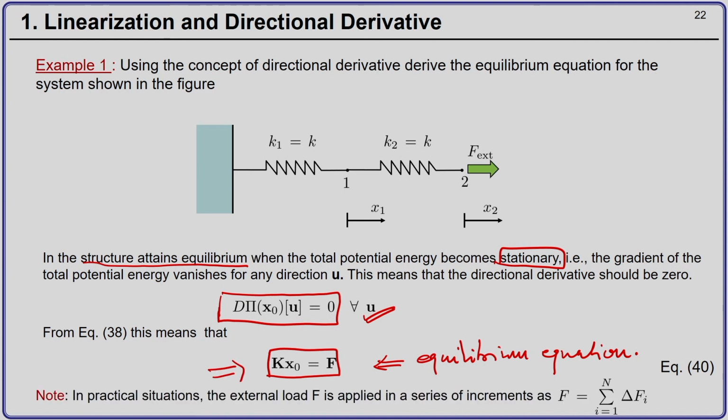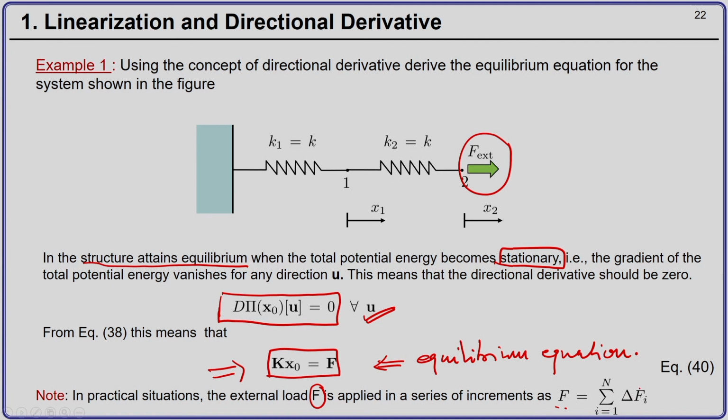Now, in actual practical application, this external force will not be applied in one shot. The total force will be of high magnitude, so it will be split into smaller loads. So, this total load F will be applied in increments, which means F will be the summation from i equal to 1 to n of delta F i.